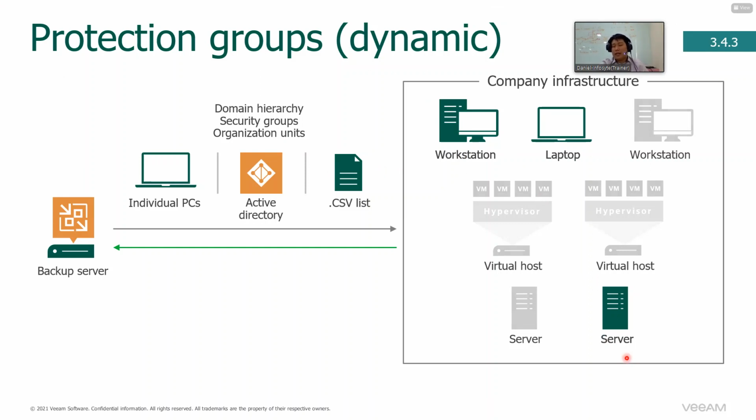Then from there, I can contact them via the host name detected from the domain controller to perform some remote management of the machine, such as agent installation push or agent communication, etc. Okay, so dynamic is another way to go if you are planning to back up workstations and laptops in one particular environment.